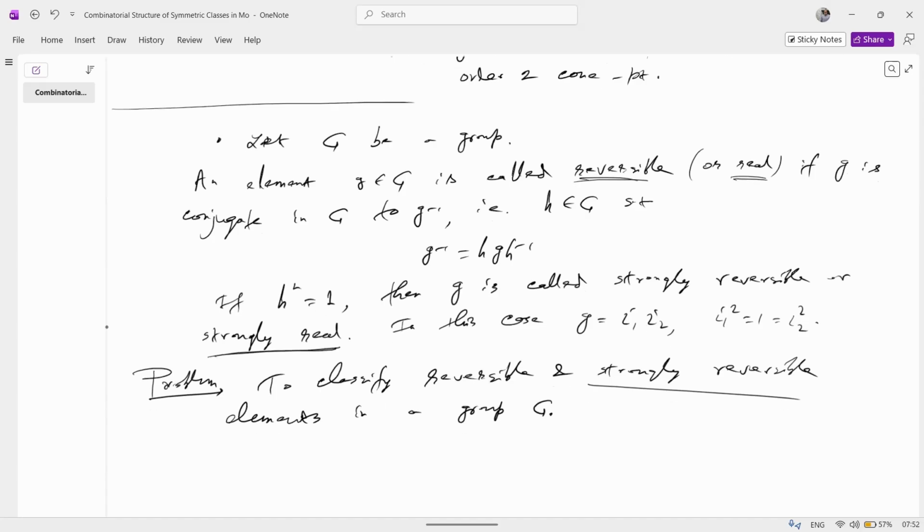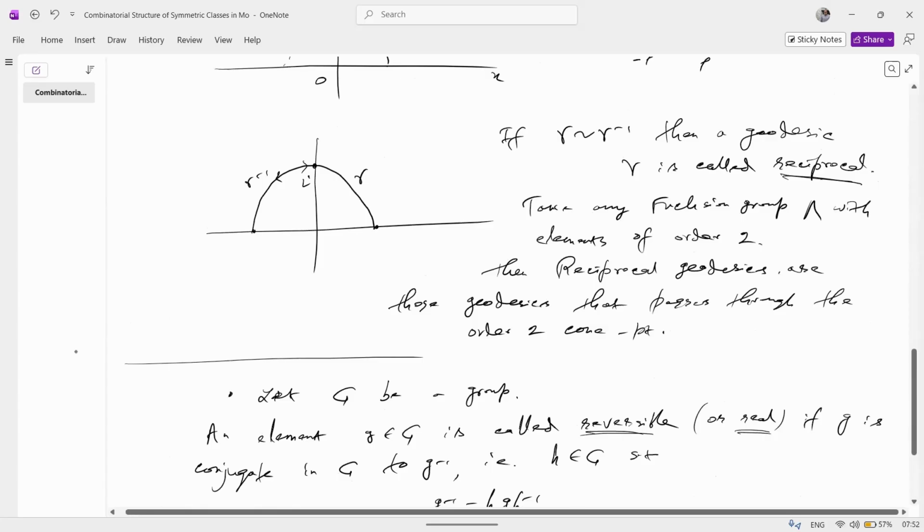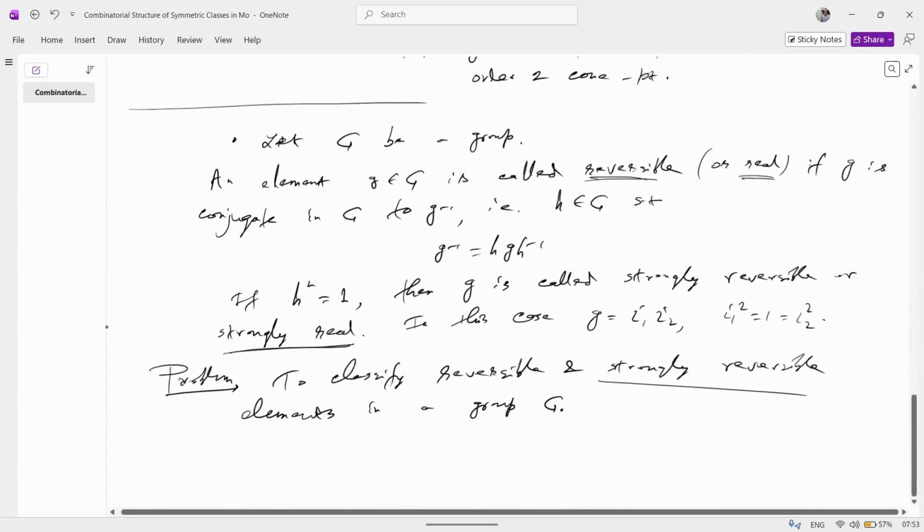Now, in our case, these reciprocal elements are passing through an order 2 point. So essentially, if you reflect along this geodesic vertical line, that conjugates gamma to gamma inverse. So the hyperbolic elements representing these reciprocal geodesics are precisely the strongly reversible elements in this sense.